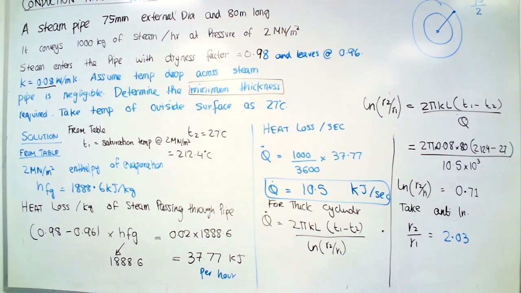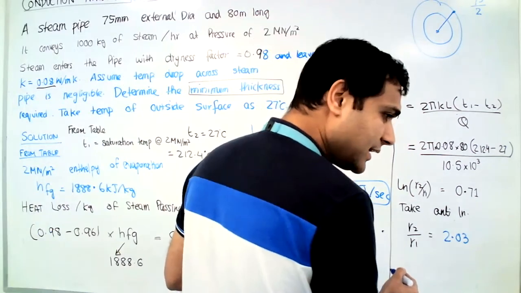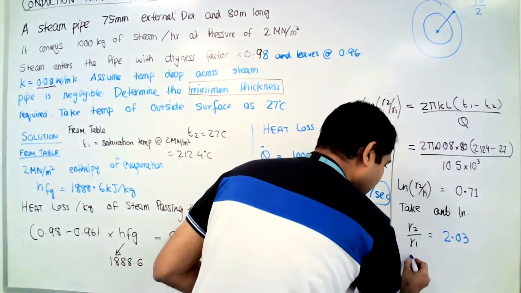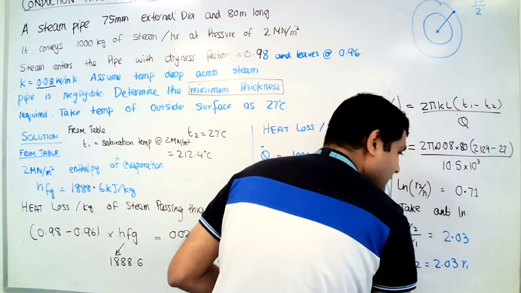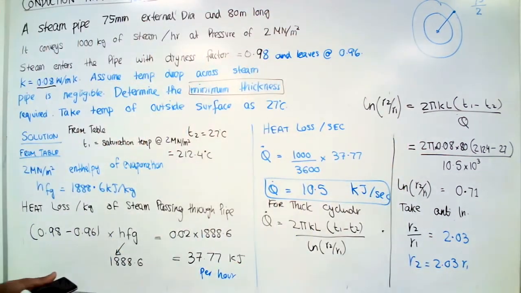Now, I got the R2 over R1 is 2.03. So I can use that one, and I can rearrange that to find the R2. So I got R2 is 2.03 R1.